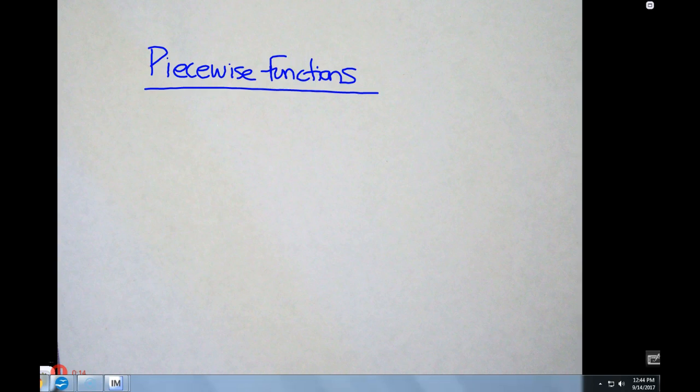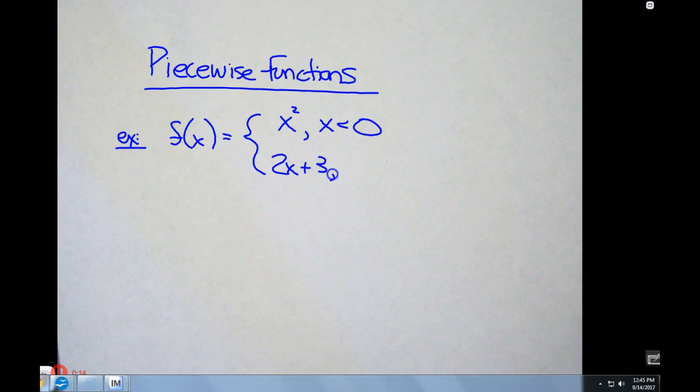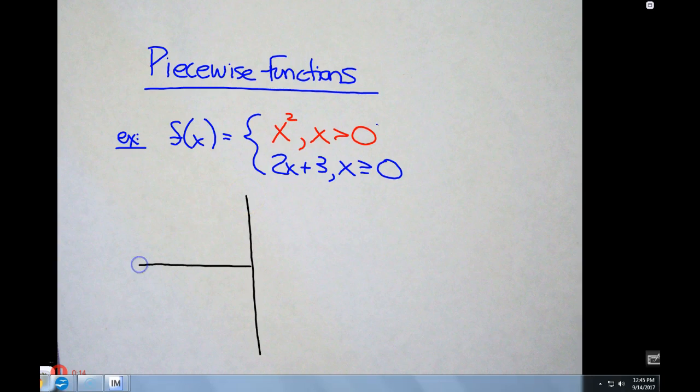So here, let's say f of x, we'll start with an example and I'll talk about what it means, then how it pertains to limits. That's a piecewise function.